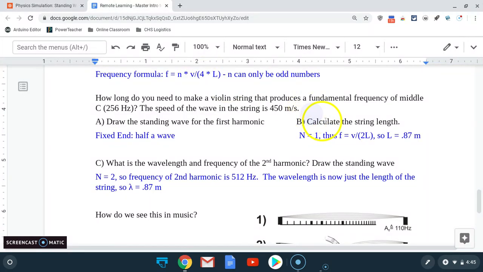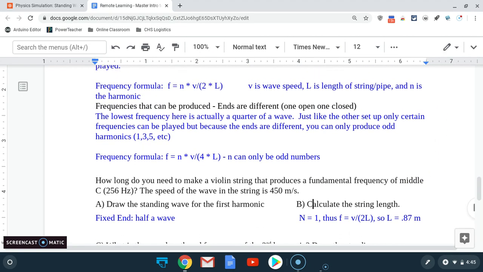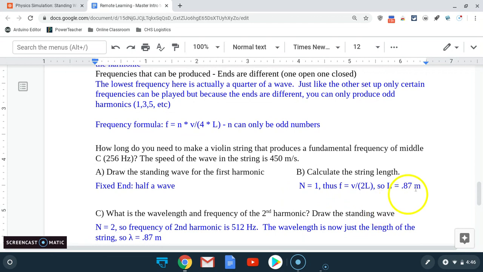Now, to calculate how long the violin string would have to be to produce this sound, if it was the fundamental frequency, we start by using our formula for the frequency of a note that can be produced when the ends are the same. This is the fundamental frequency, so n equals 1.